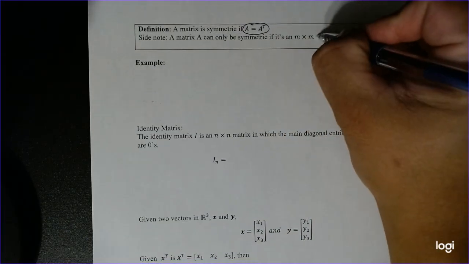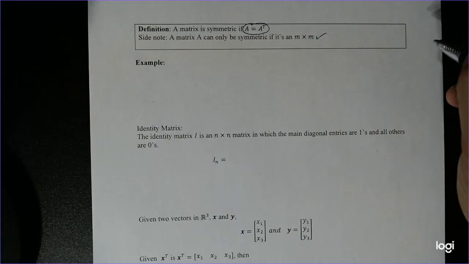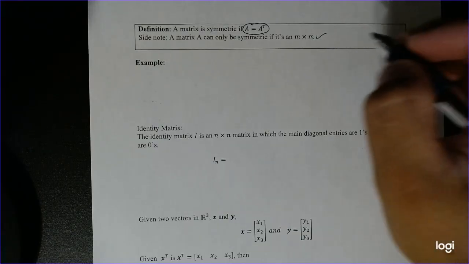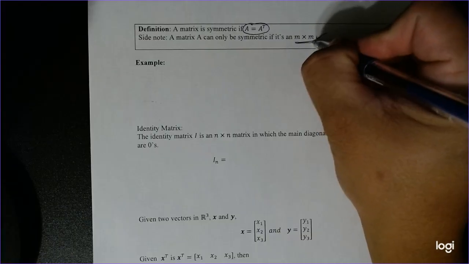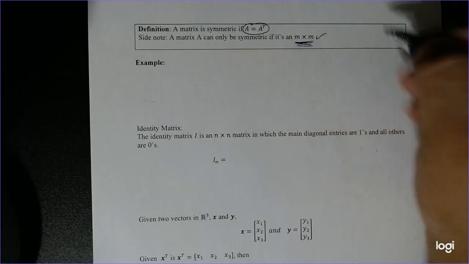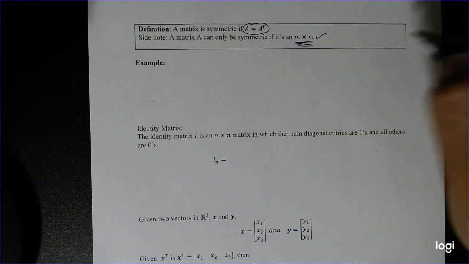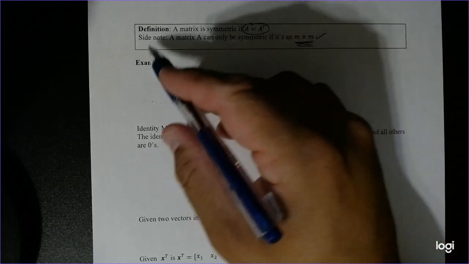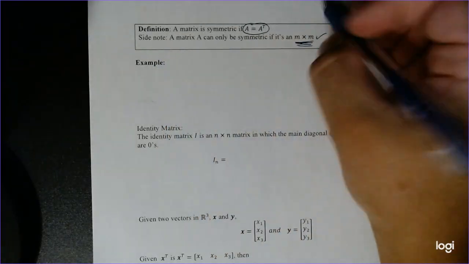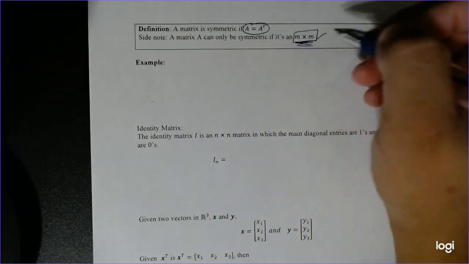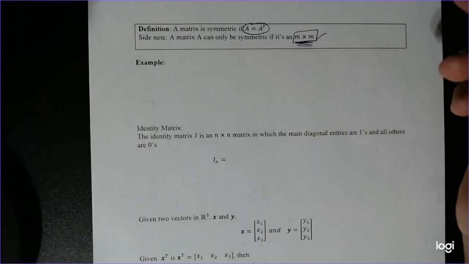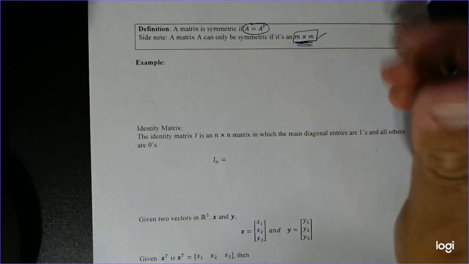Now, a little side note just for the know-it-all: a matrix A can only be symmetric if it's a square matrix, meaning an m by m matrix. So 2 by 2, 3 by 3, 4 by 4, 5 by 5, and so forth. First it has to be square, then you check it. If it isn't square, it's automatically never going to be symmetric. So fun little side note there.